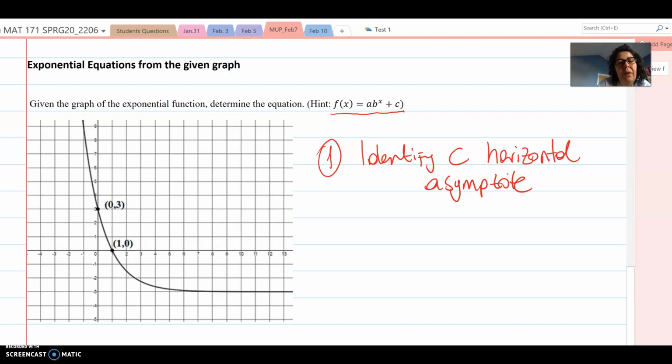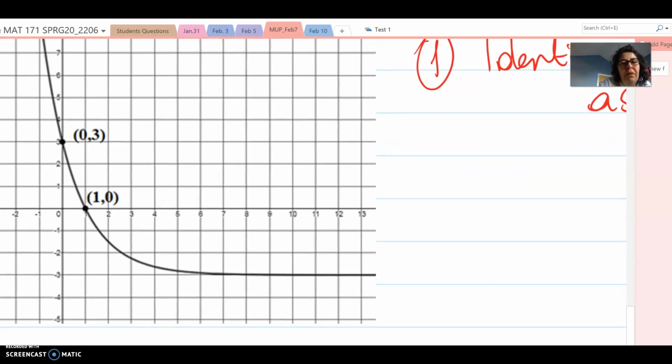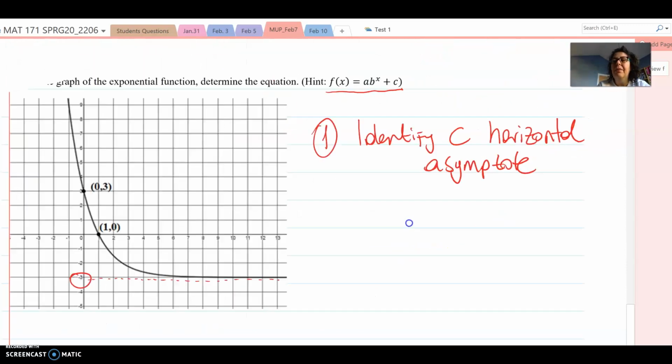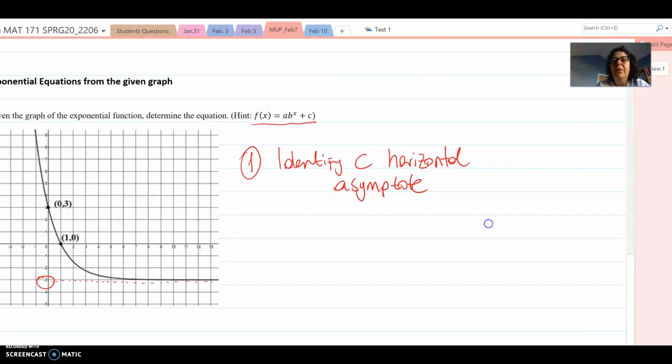Okay, so if you look at it, it is trying to be -3, well, a function, but it will come very close to -3, but it will never be -3. All right, so then let's put that value here. C will be equal to -3.